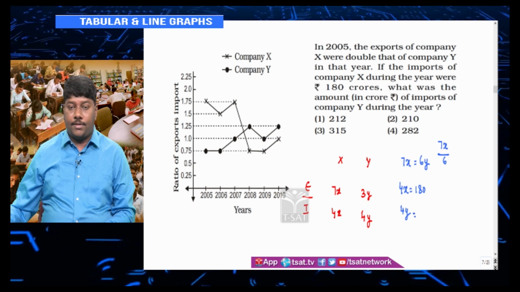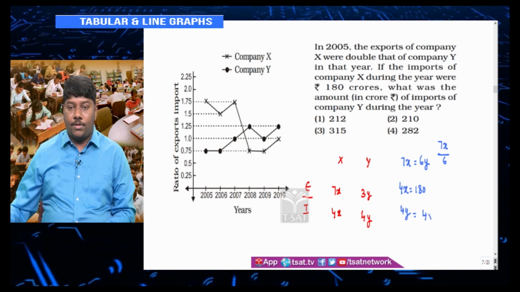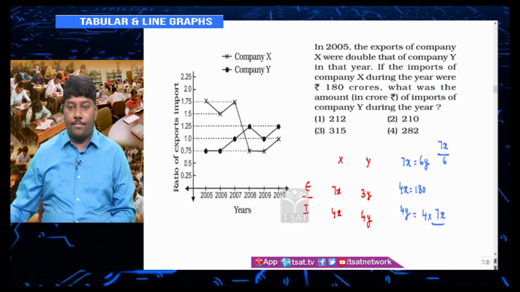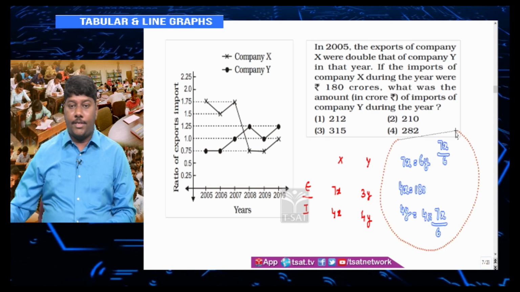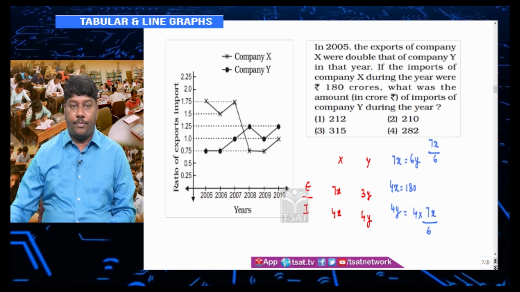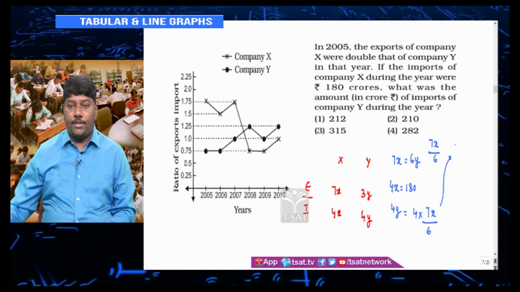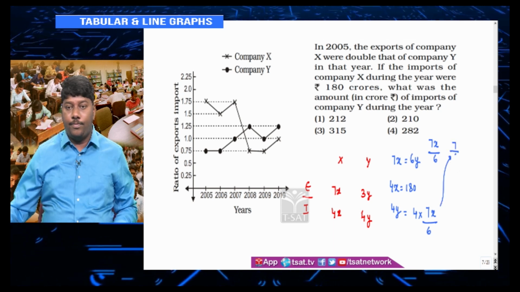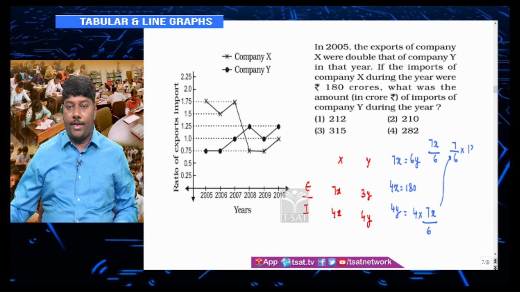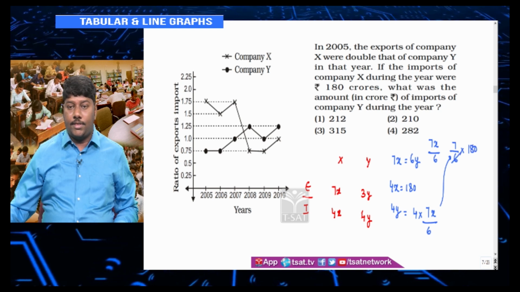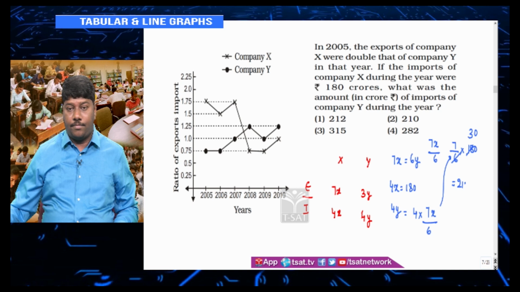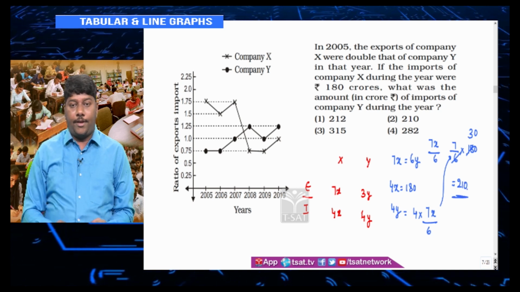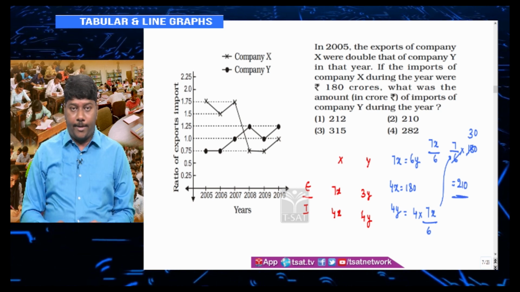So I will take 4y as 4 into 7x by 6, which means 7 by 6 of 4x. What is 4x? 180. 6 ones are 6, 30s are 180, so 7 30s are 210. So the answer here is 210.